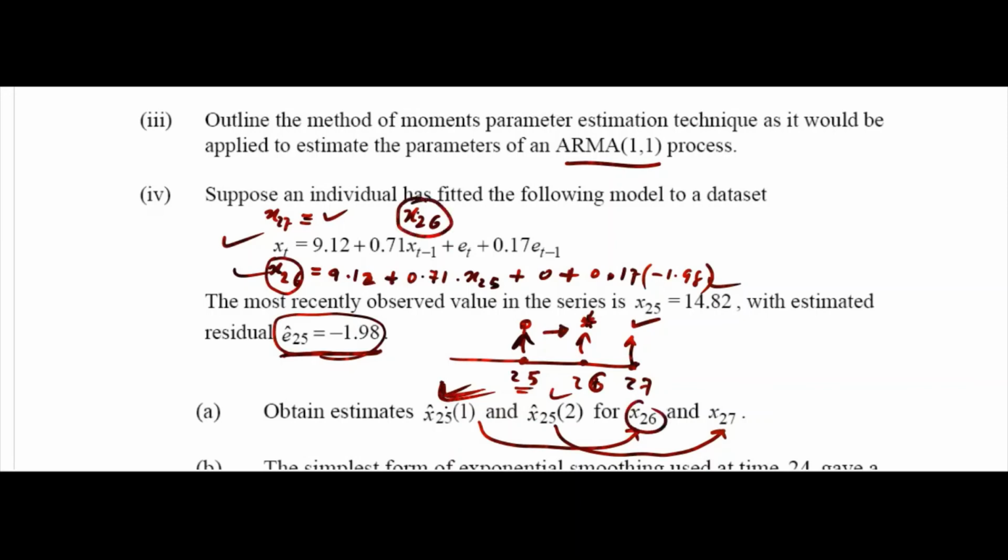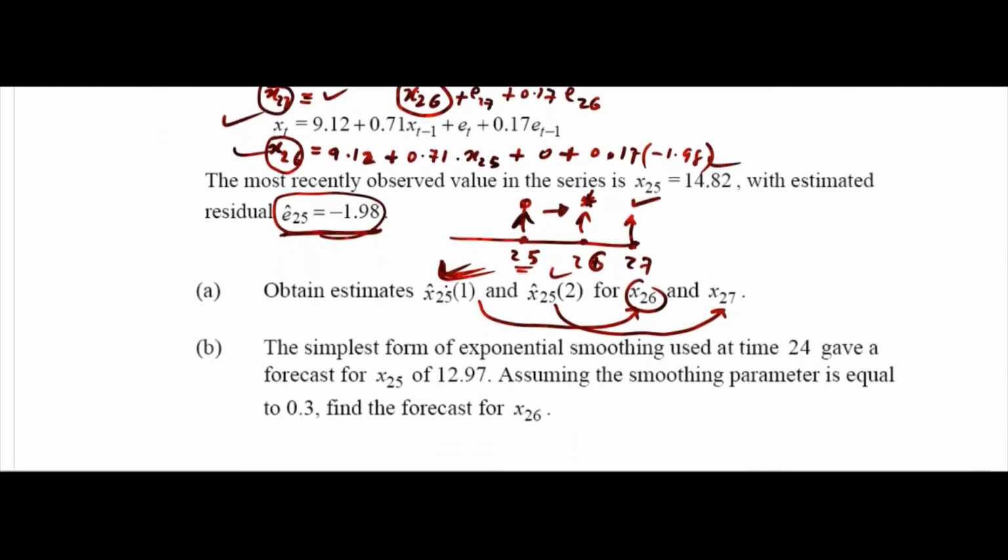This will be according to t, so e27 will be 0, and for 0.17 you have to write t minus 1. t is 27 here, so e26 hat. That way you will be able to find x27. Once you know these two, I have to discuss the next part separately.